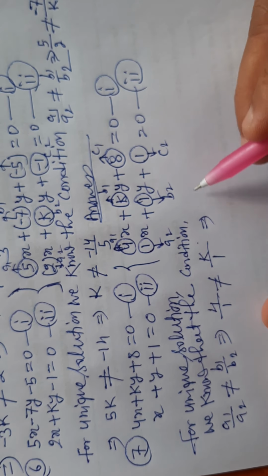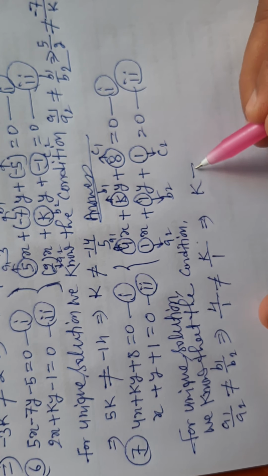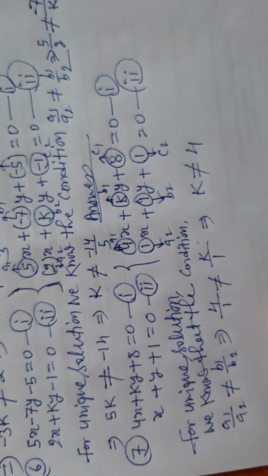Cross multiplication, k and 1, k not equal to 4. Question number 7: k is not equal to 4.